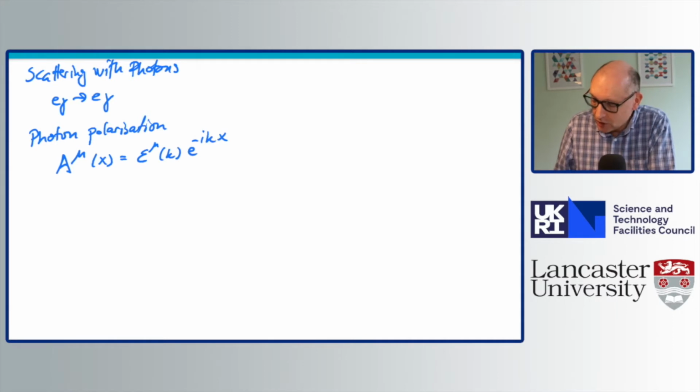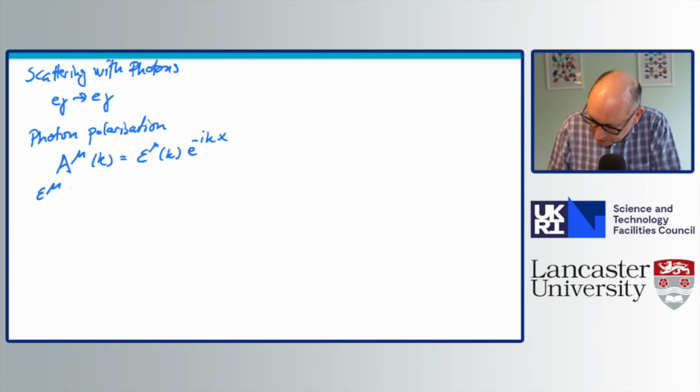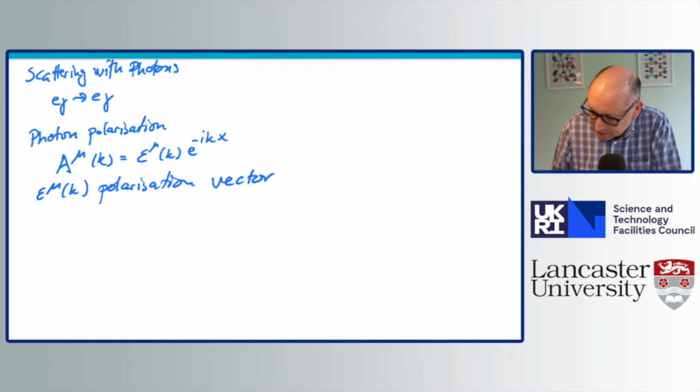And then look, what solutions do we have to find for epsilon_mu? We can even make epsilon_mu a function of k. Now, epsilon_mu here we'll call the polarization vector. It is a vector in the sense that it has a mu index.